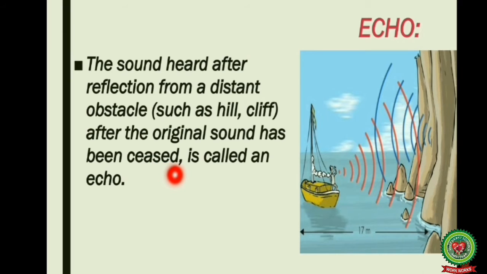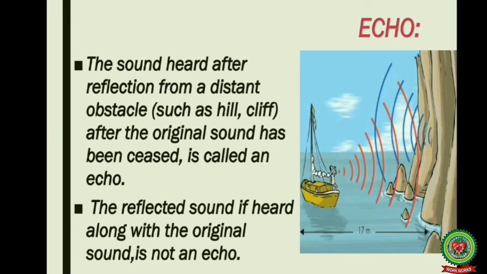Ceased means stopped. The second point says the reflected sound, if heard along with the original sound, is not an echo. The reflected sound which is mixed up with the original sound is not an echo.